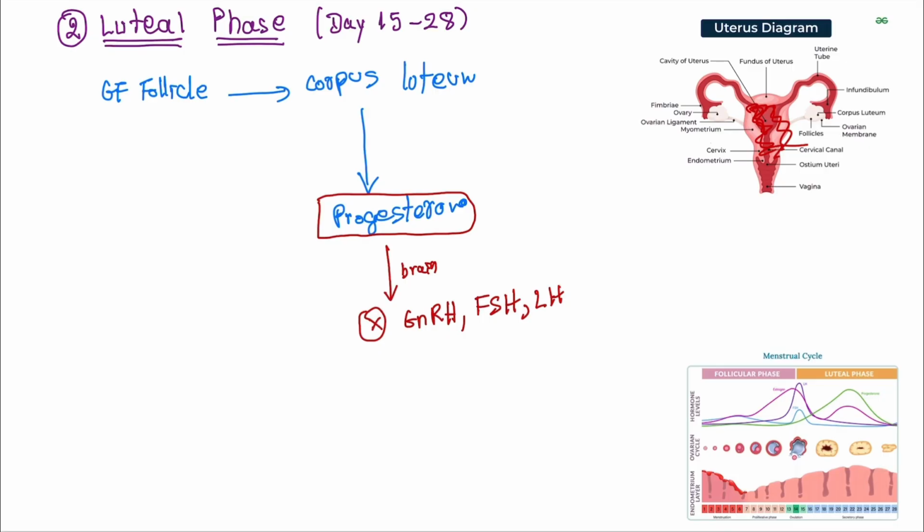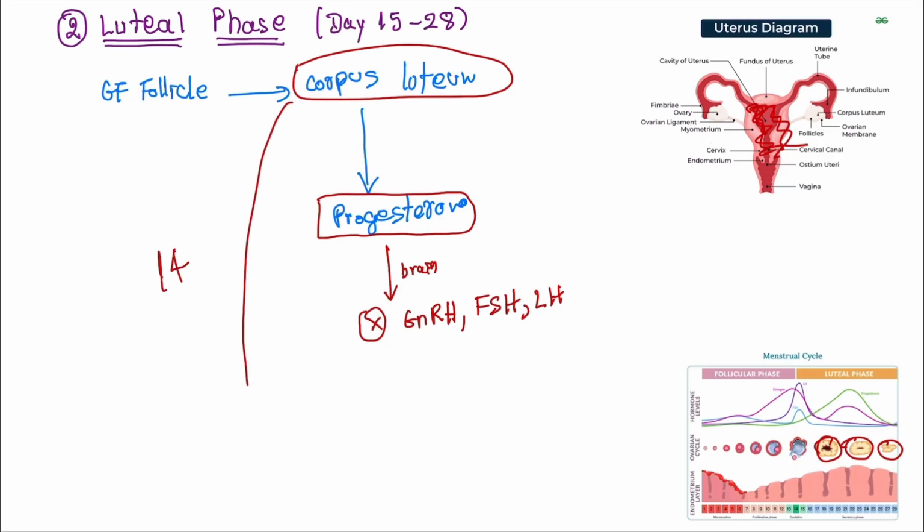As we know about the corpus luteum, if there is no fertilization, the corpus luteum will break down. In 14 days it will break down. And as we know, progesterone comes from the corpus luteum.